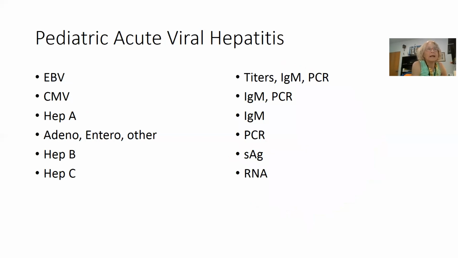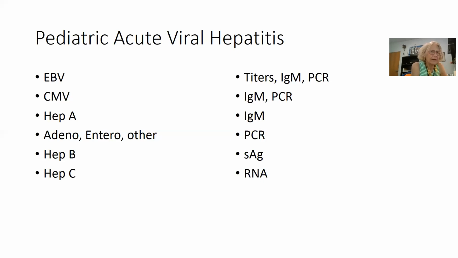So what is an acute hepatitis evaluation? It may not be what's in EPIC. EBV is certainly one of the considerations. For this, you can get titers of the various antigens, you can get IgM, you can get PCR.